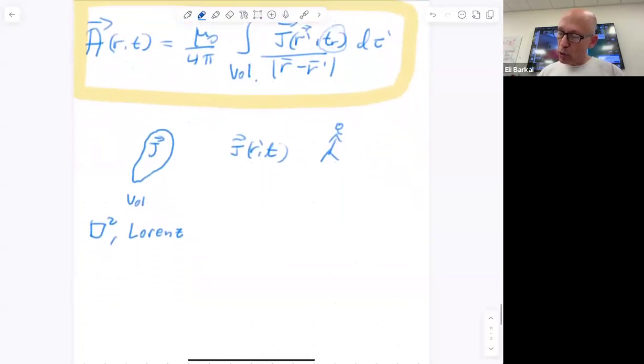And as usual, I'll just add more notation. This system has a size d in our problem. The above equation can be general. So in principle, the current can be over all space, but now let us confine it to a system. And this is the integration volume, because the current outside of the volume is simply zero, so integration over it is trivial.